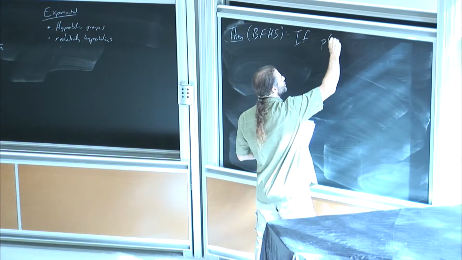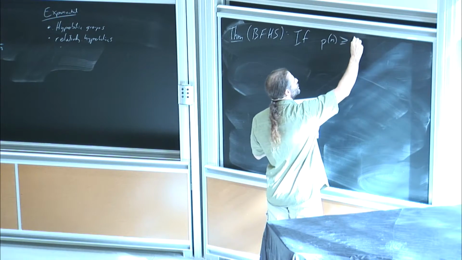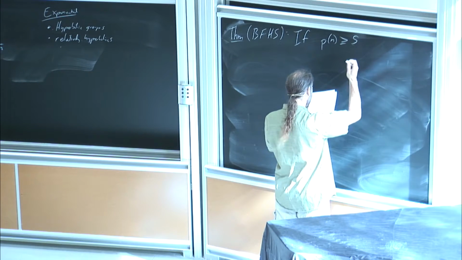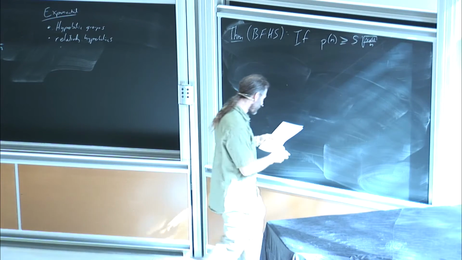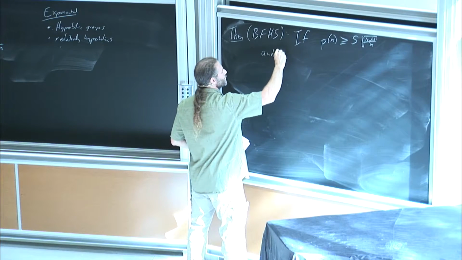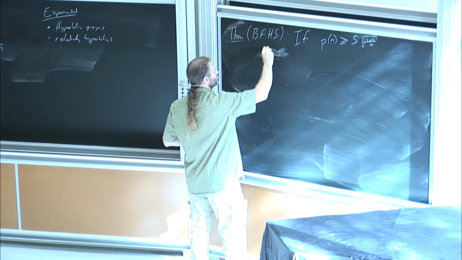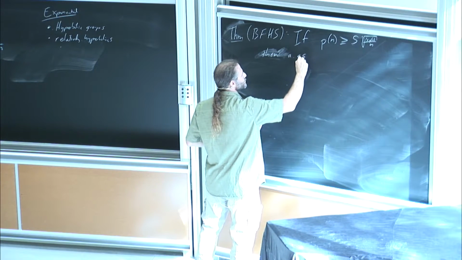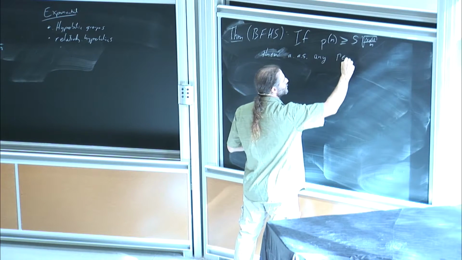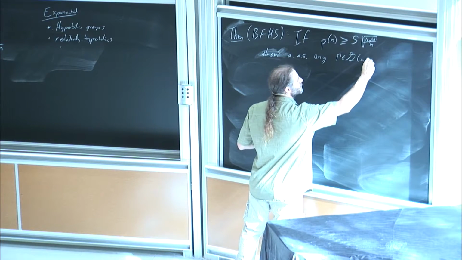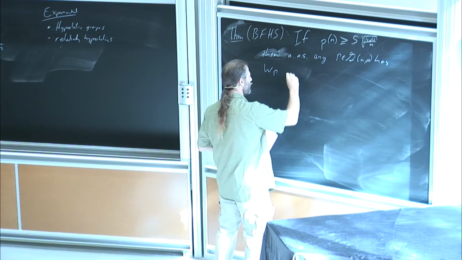If you have some probability function, so we're going back to the Erdős–Rényi model, p is bigger than or equal to 5 times the square root of log n over n, then asymptotically almost surely any graph gamma in G(n,p) has W sub gamma with quadratic divergence.